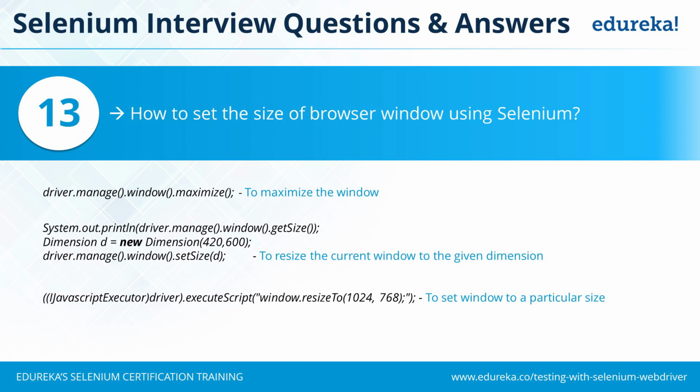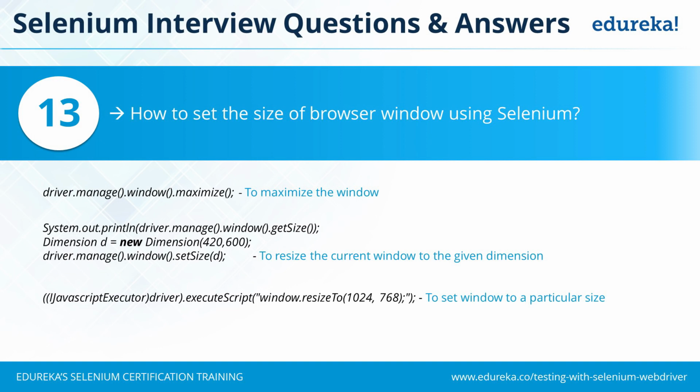Now I want to set a new dimension, a new size for my window. So I take help of the Dimension class. I create an object, Dimension d is equal to new Dimension, and pass on the dimensions, that is, I want it to be 420 by 600. So that's the x and y coordinate. 420 on the x coordinate and 600 on the y coordinate.